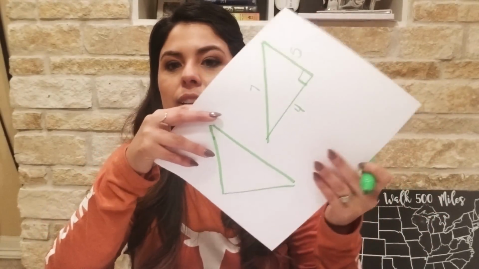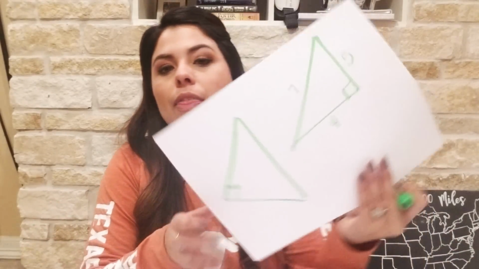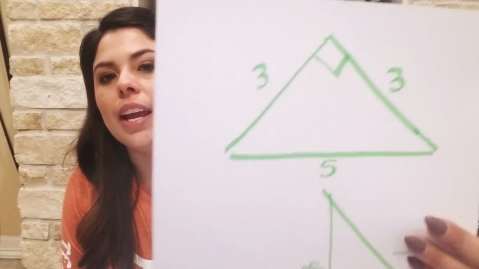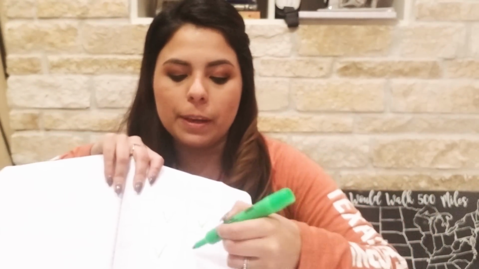If I were to straighten it out like this, isn't that my right angle? Mm-hmm. It sure is. That's my right angle. And then these two lines represent my two that are the same. So we're pretending that they're 3 and 3, and the bottom one is 5. So can I have a right isosceles? I sure can. So I'm going to put another check mark here.